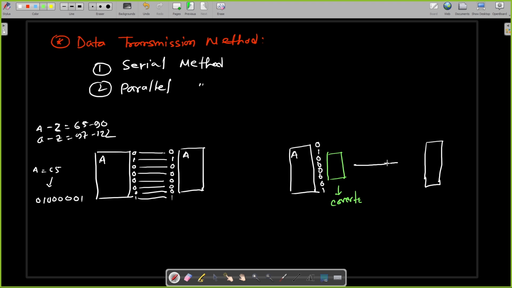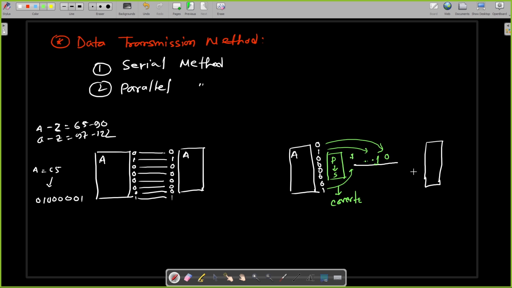Now we have one line, so this converter converts the parallel method to the serial method. When they convert those bits, this 0 starts and this one, after that they go this one, and also this 0 0 0 0, and finally this one will go there.